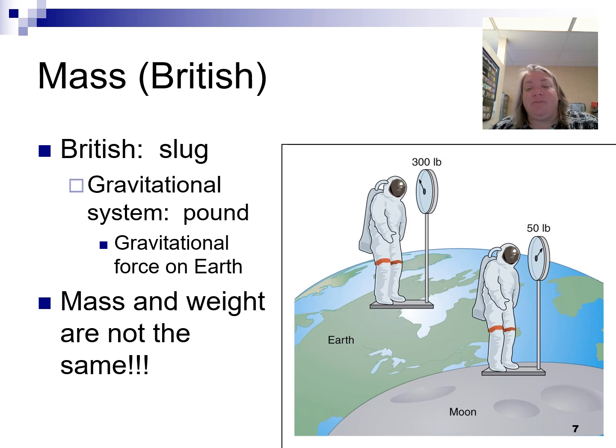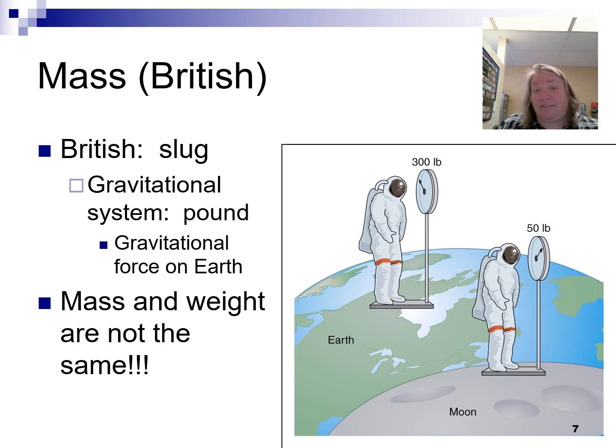Here we have two different astronauts, one on the Earth and one on the moon. They're saying this astronaut with all of his equipment on has a weight of 300 pounds. But on the moon, they only weigh 50 pounds. It's about 1/6. The mass is the same, but the weight is very, very different.